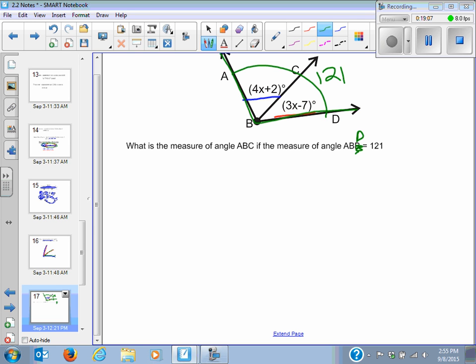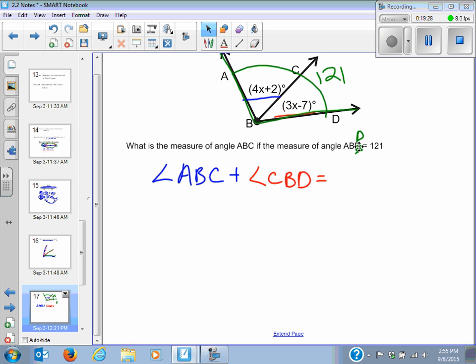So I'm going to help set this up. I'm not going to finish the algebra. I'm running over on time anyway. So if I take these two angles, the first one is angle ABC, and I add it to angle CBD, I should get the whole big angle, which is angle ABD.